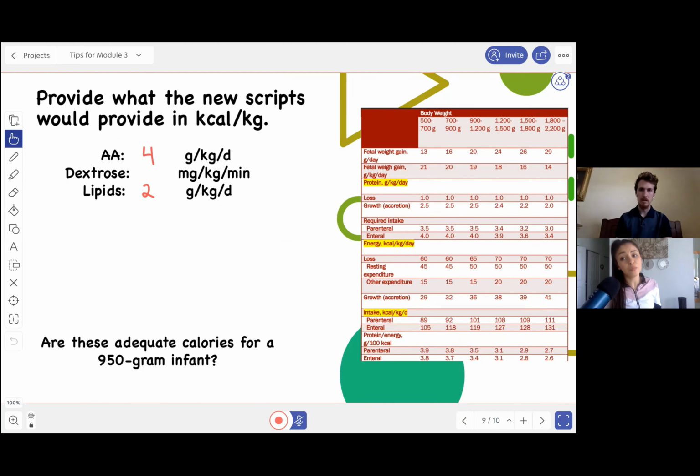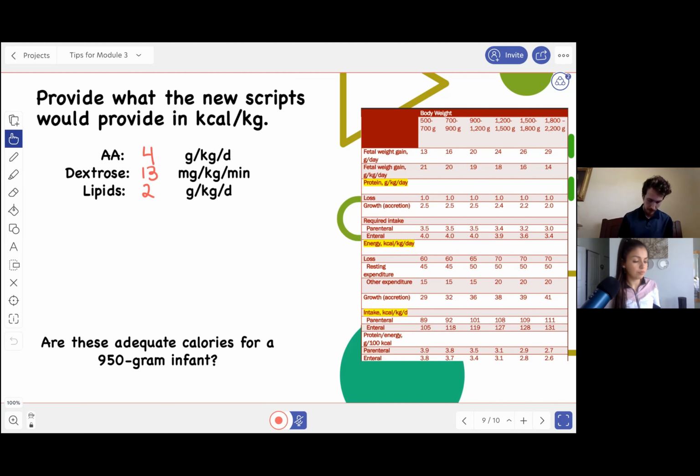You don't want to increase it too much because you don't want the baby to have high blood sugar. Let's stick with 1. All right, so that's going to give us 13 milligrams per kilogram per minute of dextrose. So let's see where the energy lands this time.